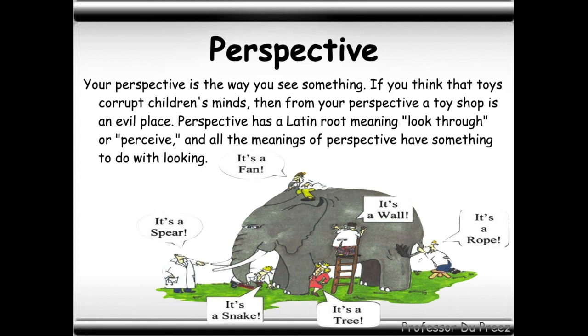The one at the trunk of the elephant is saying it's a snake. And the one pushing against the elephant's trunk is saying it's a spear. Are they all wrong? No. They just have a very limited perspective of what they are looking at.